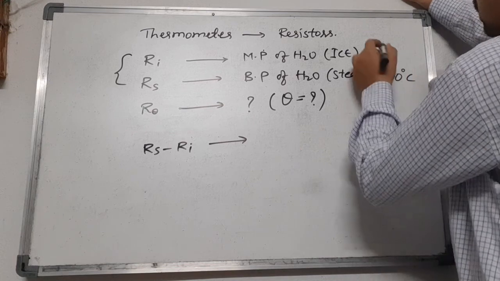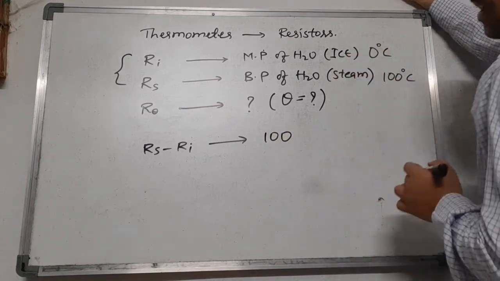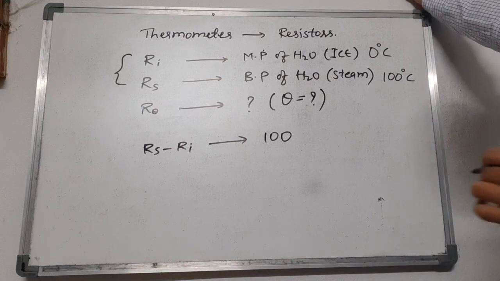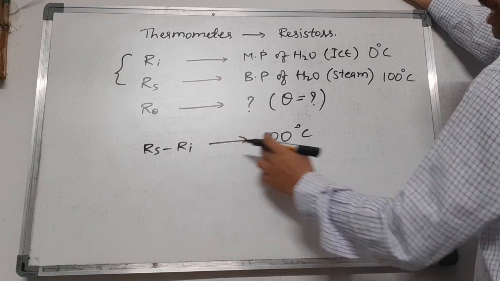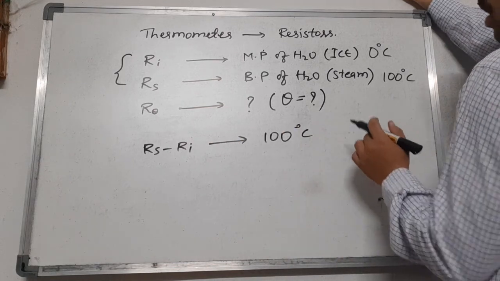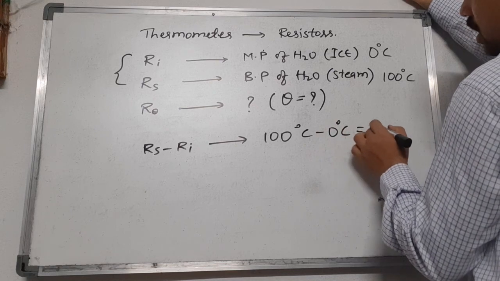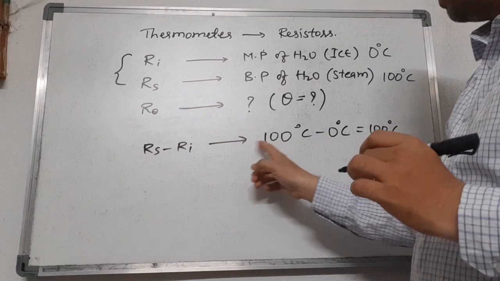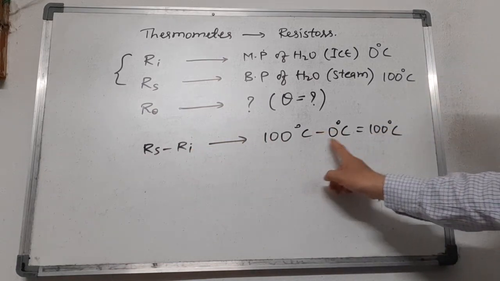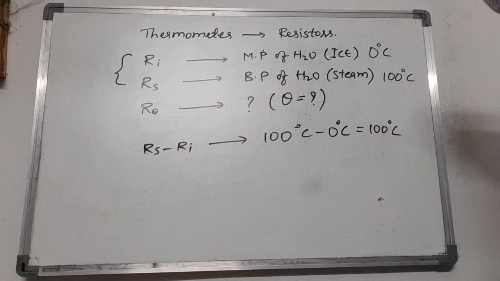So the change in temperature corresponds to 100 divisions, that is 100 degrees Celsius. Rs minus Ri corresponds to 100 degrees Celsius minus 0 degrees Celsius, that is nothing but 100 degrees Celsius. Rs corresponds to 100, Ri corresponds to 0. So the change in the resistance corresponds to 100 degrees Celsius.